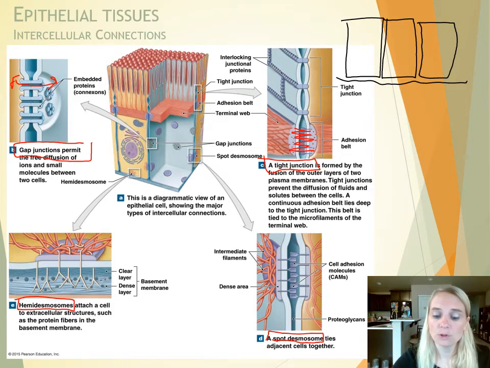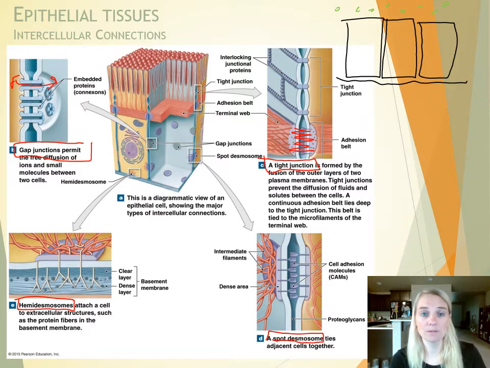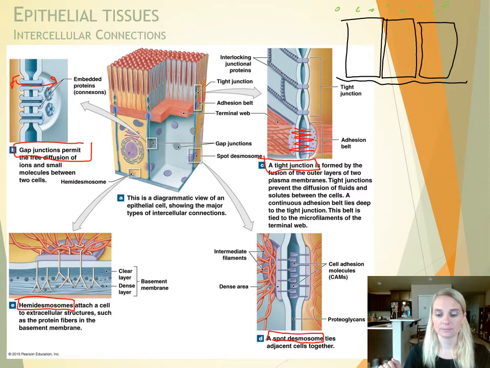We have nutrients up here, or maybe bacteria, or just things in the lumen of the digestive tract, and we don't want them to seep in between the neighboring cells to get down into the underlying tissues. That would be bad in that particular location.